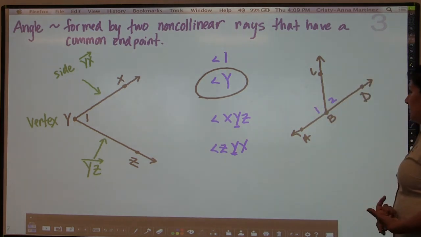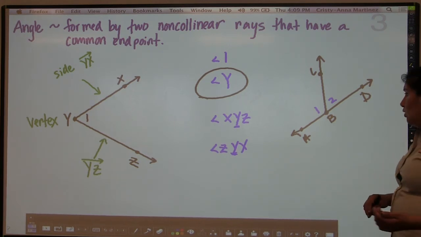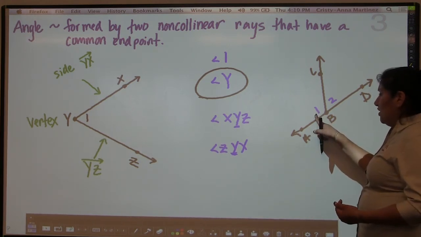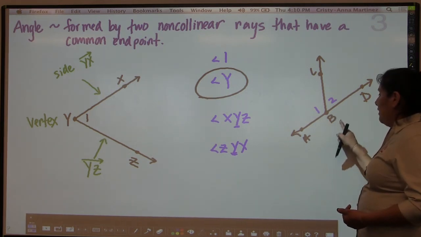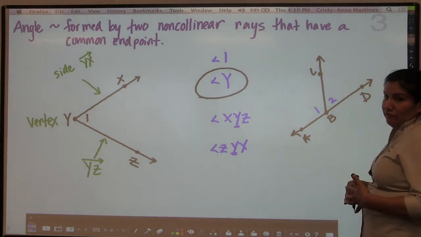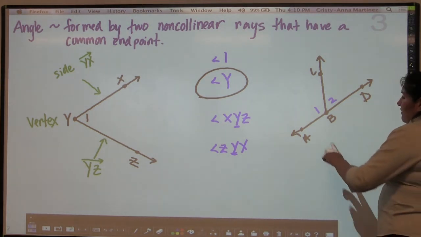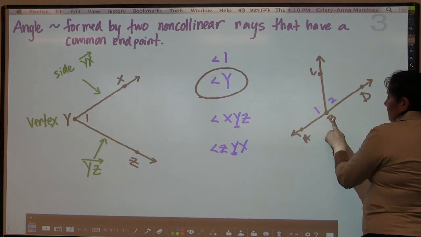So basically what's happening here is if I wanted to name angle 1, it is not appropriate for me to call angle 1 angle B. I cannot use a single letter when there's more than 1 angle present at that vertex. In this case, I have angle 1 and angle 2 that are both sharing the same vertex B.